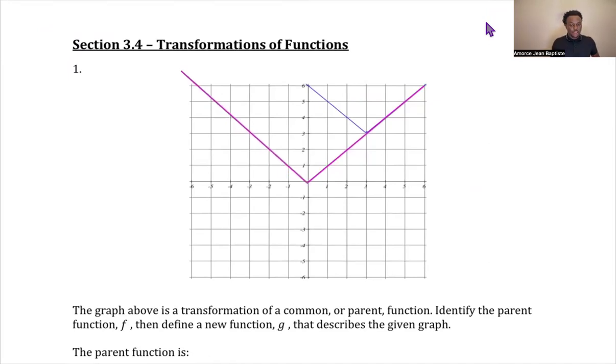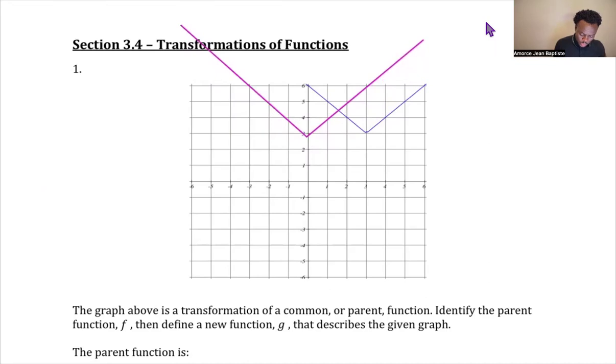Okay. Now, let's see what happens here to get this graph. They moved it up. Remember, that's where the parent function would have sat, but moved it 1, 2, 3 up.